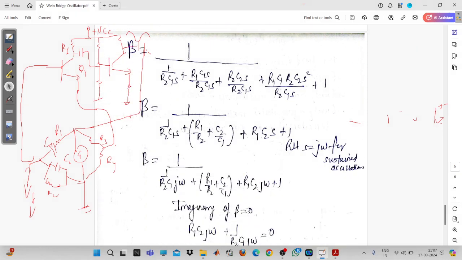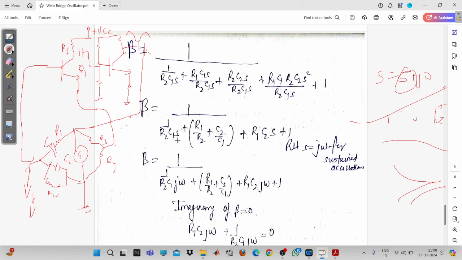Now put s equal to j omega. Now why are you not putting sigma? Why are you not putting s equal to sigma plus j omega? Because in this case you are going to have either overdamped oscillation or underdamped oscillation. We want a sustained oscillation. So for that you will have to put only j omega. j omega will give the constant oscillation.